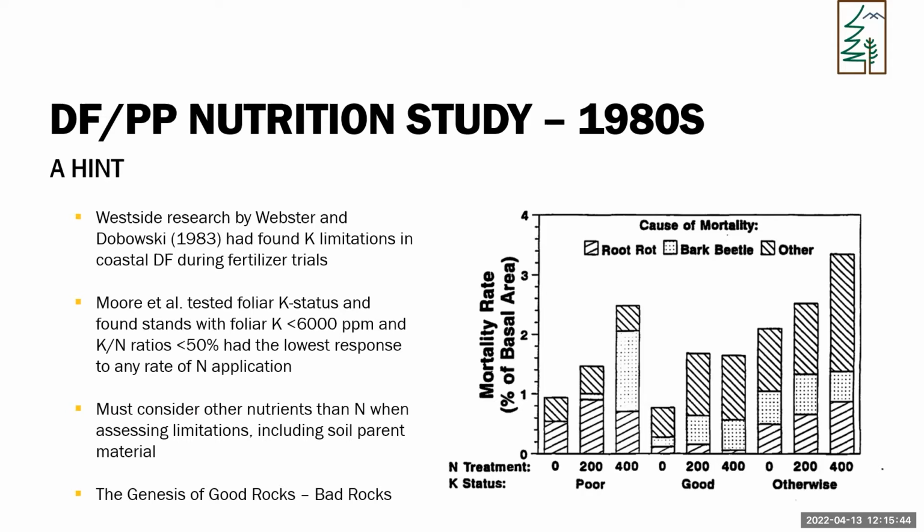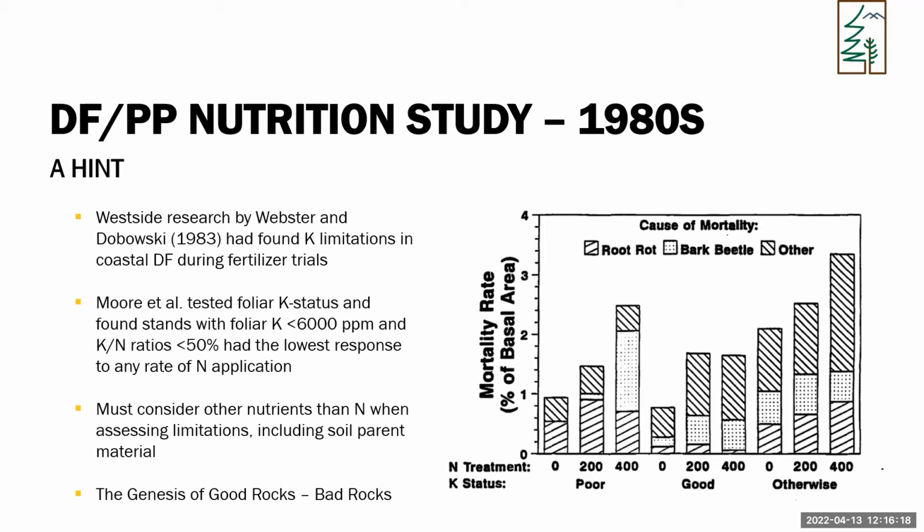We are also seeing that depending on that potassium, it had a strong impact on your mortality response. And so what we were seeing is on sites with moderate to good potassium to nitrogen ratios or high potassium content in the foliage, our mortality was often less than what we were observing in our other or poor sites.